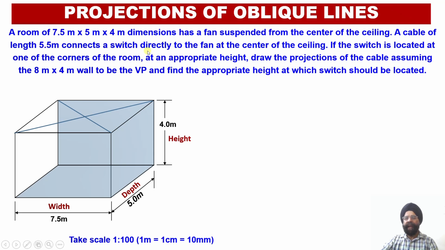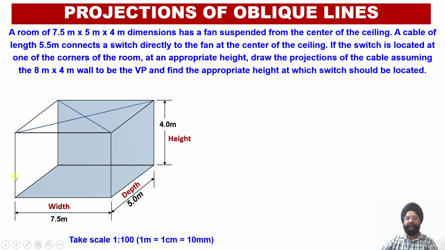Now in this situation we are required to locate the appropriate height at which the switch will be located in one of the corners of the room, such that the true length of the electric wire or cable which is going to join this switch with the center of the ceiling should be equal to 5.5 meter.